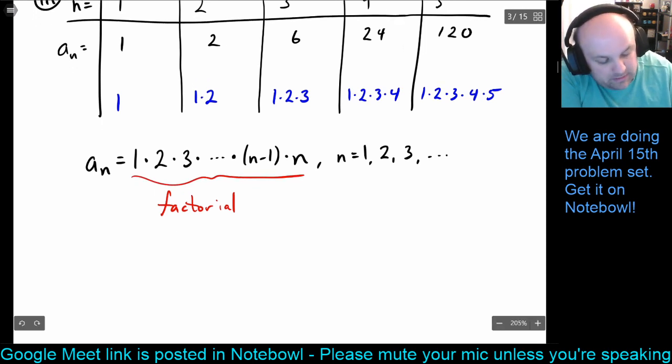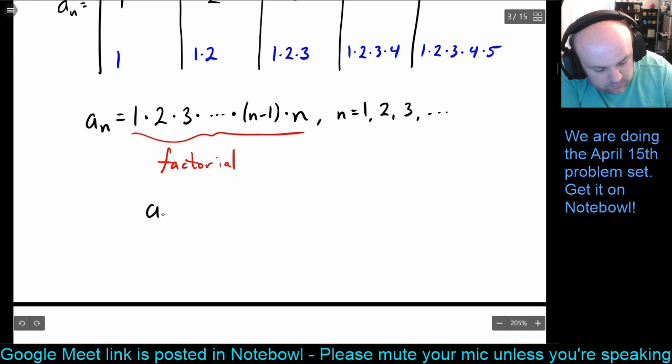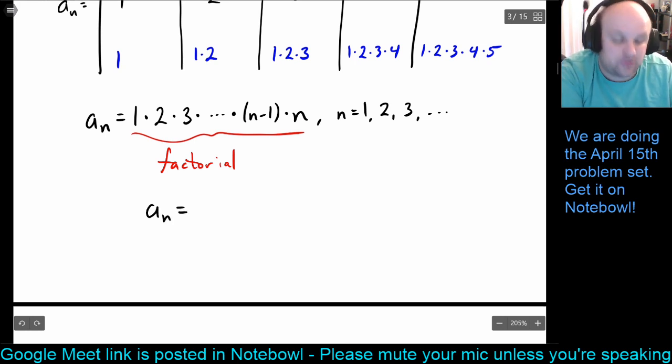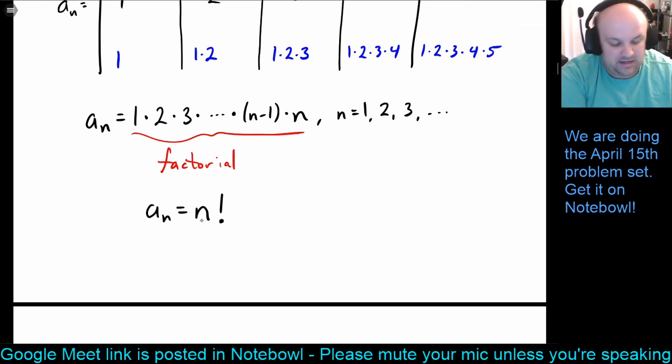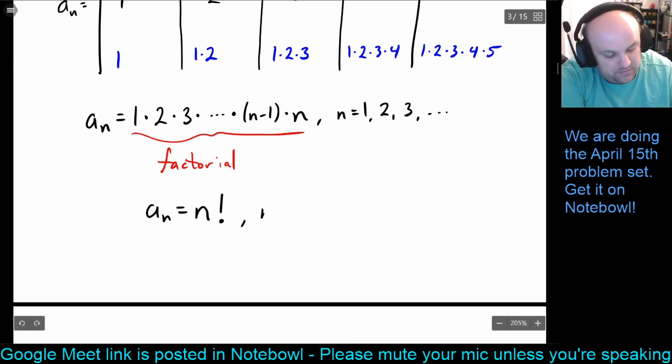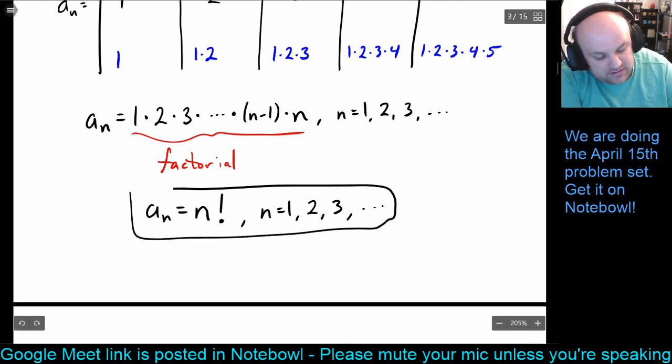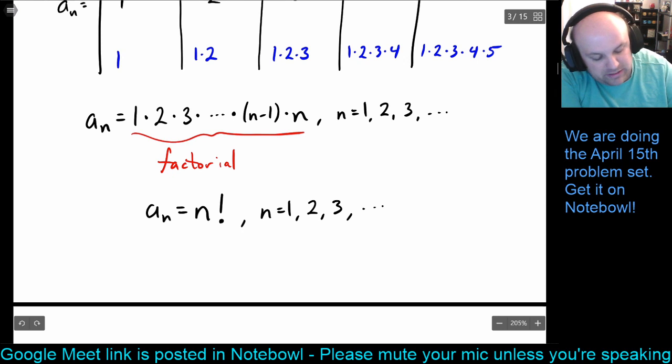And the way we write this, and we're going to use this factorial thing a lot, is n with an exclamation point. N exclamation point stands for multiply all the numbers starting at 1 all the way up to n. Now the neat thing about this is, we know that exponential functions grow pretty quickly.